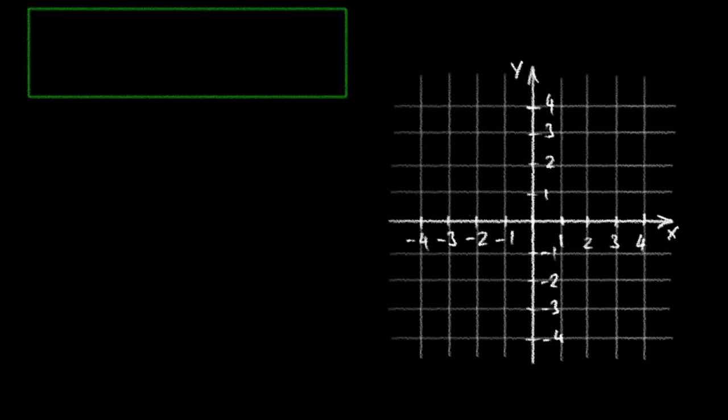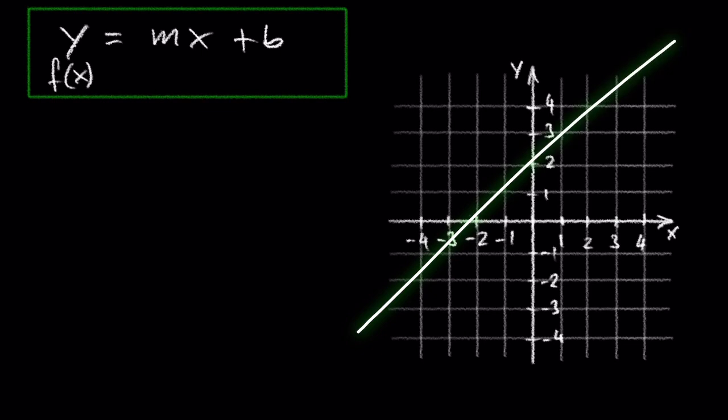A function that can be written in the form y or f of x equals mx plus b is called a linear function because the graph is a straight line.